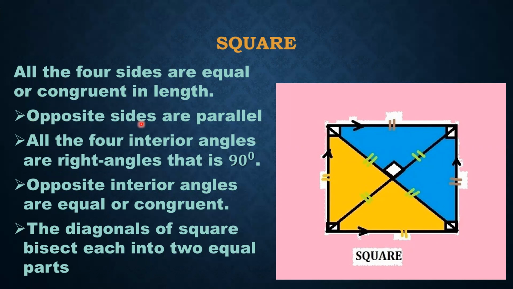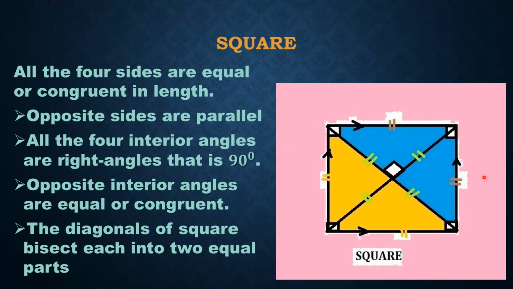Then the opposite sides are parallel. When you say two lines are parallel, it means when you extend them in their direction, they will never even meet. So these 2 lines here and these 2 lines here, when they move the same distance, they will never meet anywhere. When you draw this one to an end and you draw this one in the horizontal way, they will never even meet.